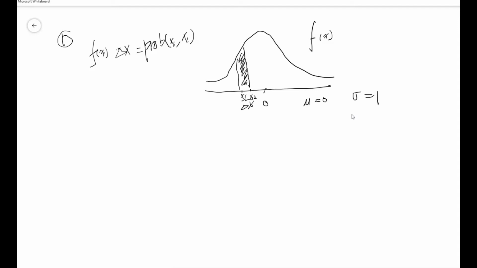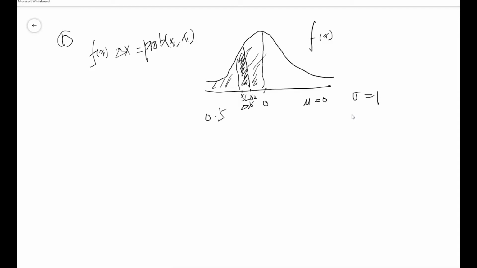And this is like cumulative. Let's look at 0. Because the standard normal is symmetric, we know we have a 50% chance of being less than 0. So this area should be 0.5.